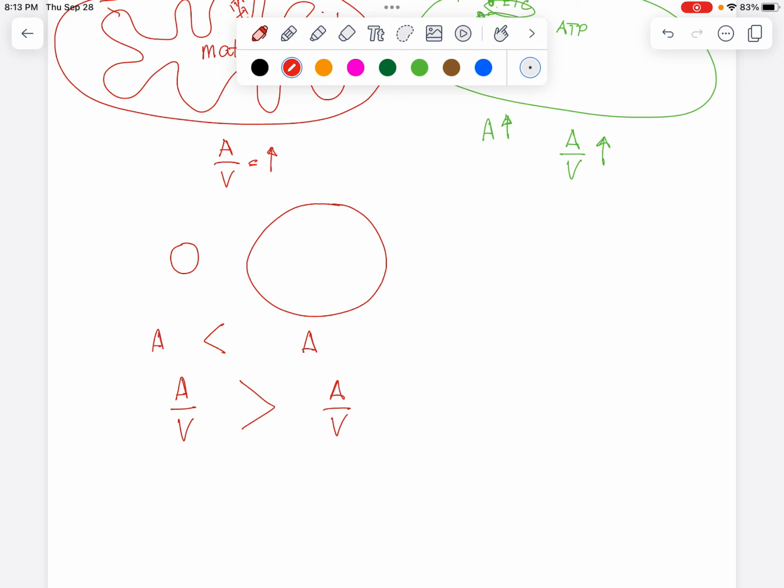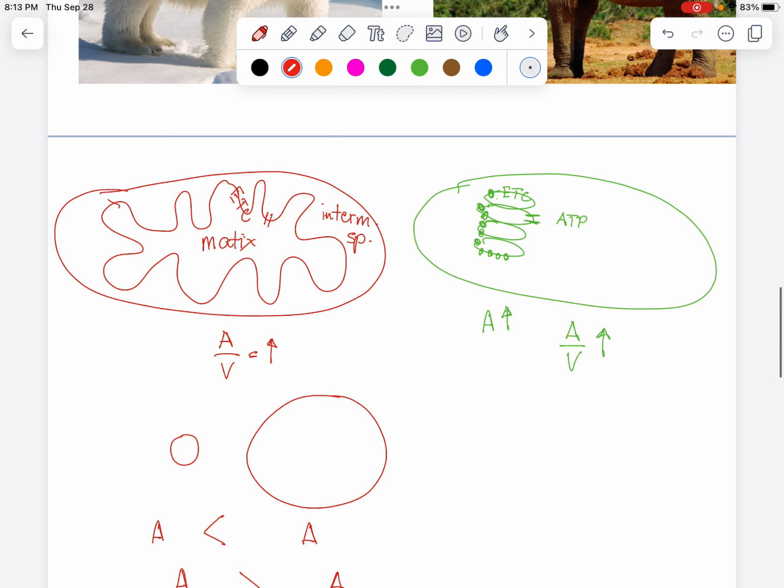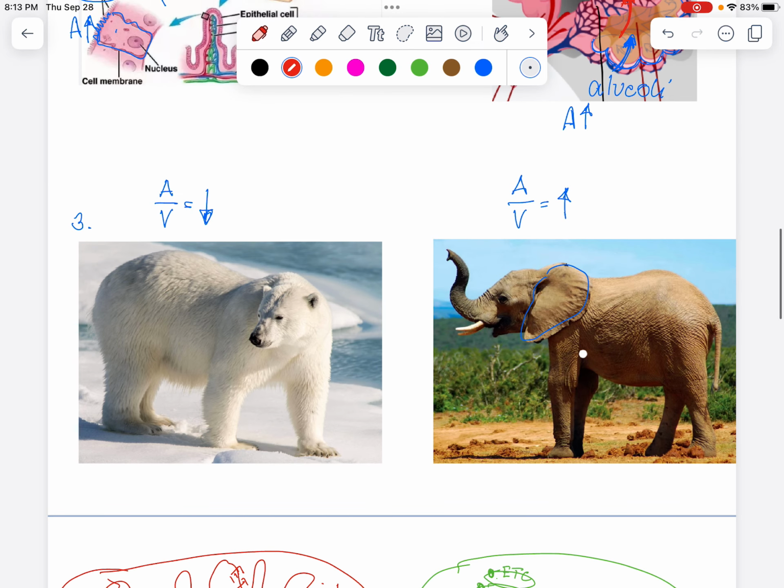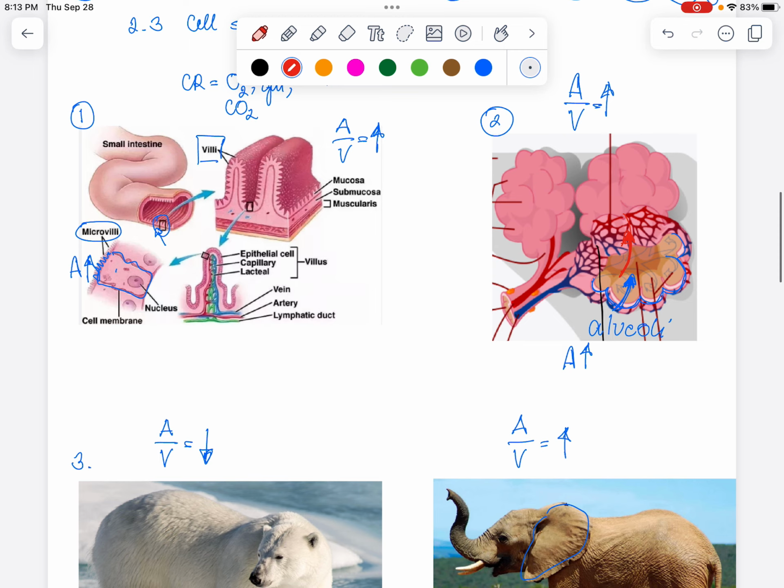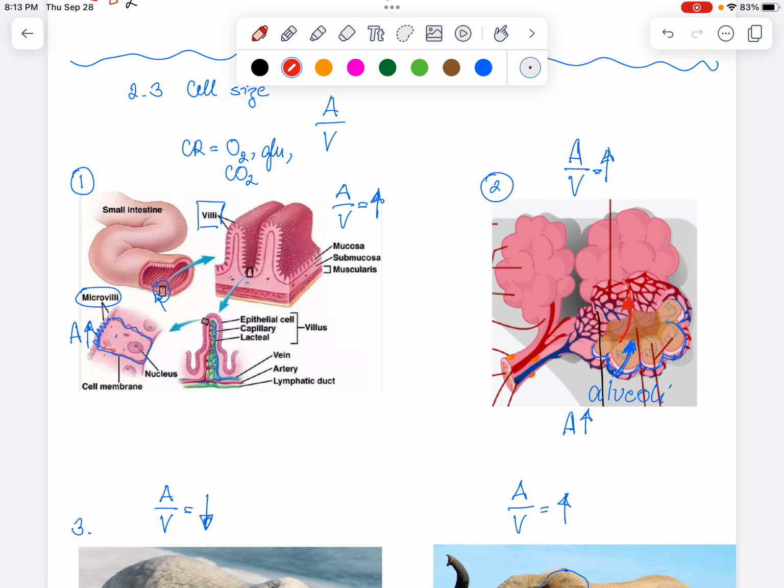Now, species have evolved highly efficient strategies, and we listed the strategies to obtain nutrients, for example, the folds and the microvilli in the small intestine, and to eliminate waste, for example, alveoli.